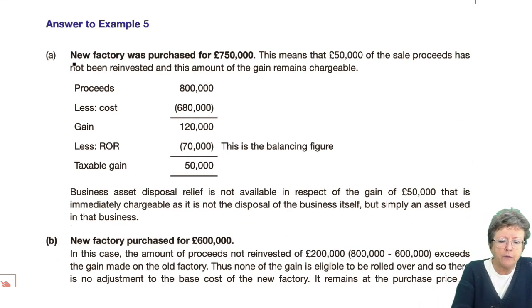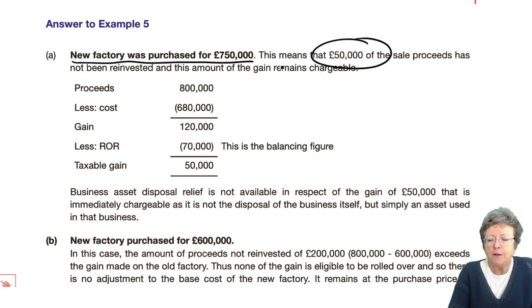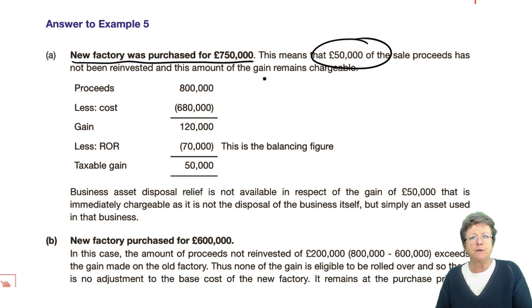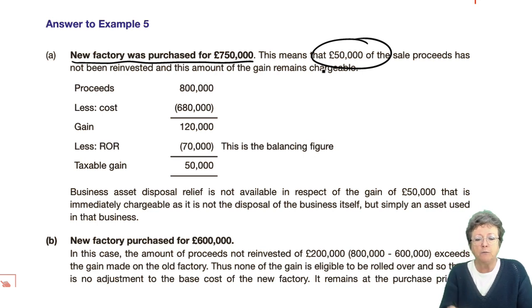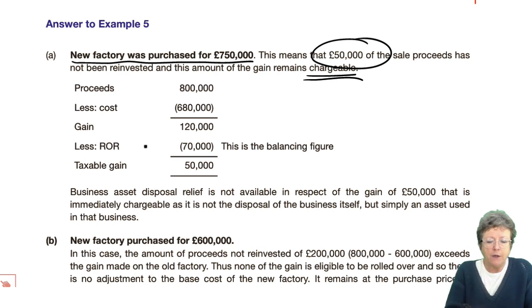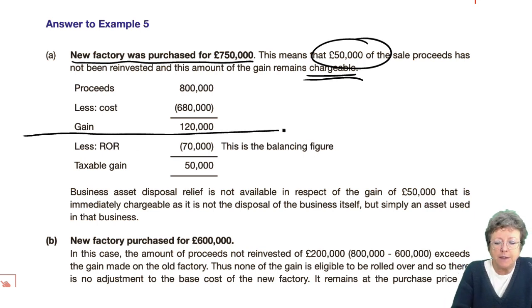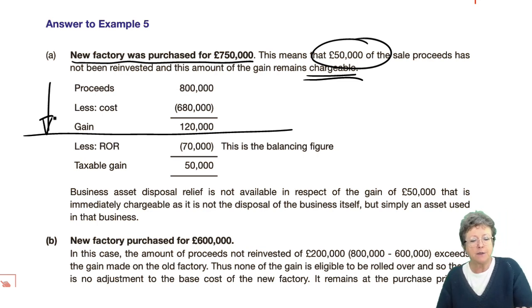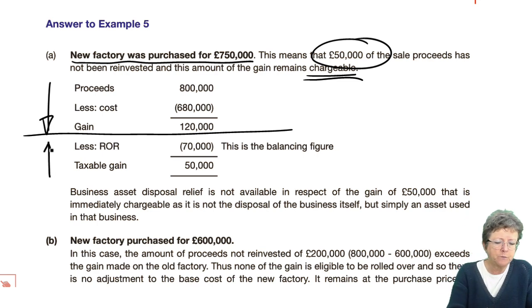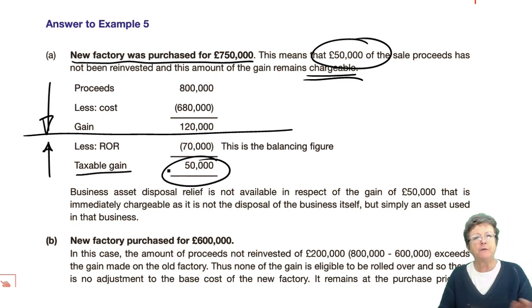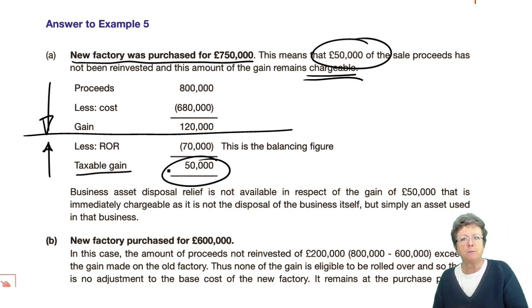If they bought the new factory for 750, as we've said, they didn't reinvest £50,000. That becomes chargeable. At this point, you're doing computations top down, proceeds less cost equals gain, and then bottom up. You know that the taxable gain must be £50,000 because £50,000 wasn't reinvested.